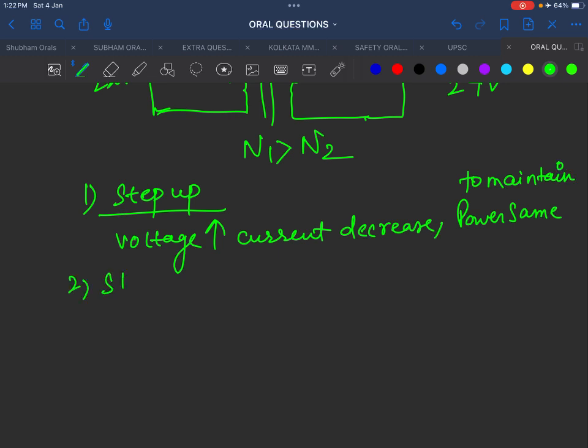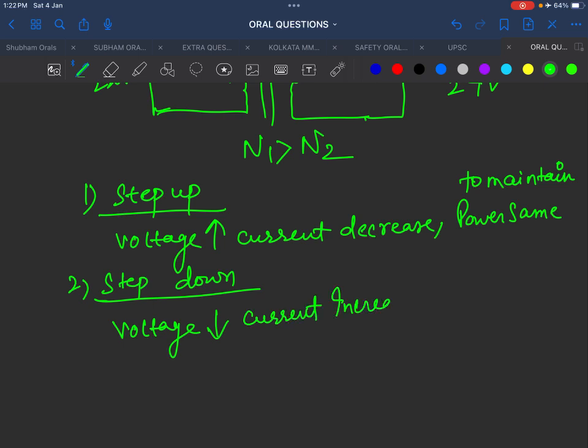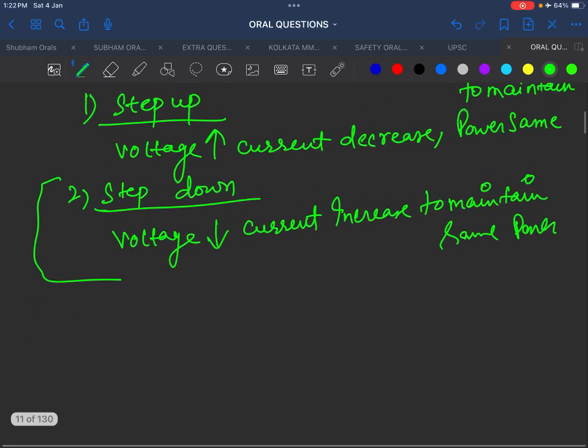But in step down: voltage decreases, current increases, to maintain the same power. So basically this principle only we are using in the welding transformer.